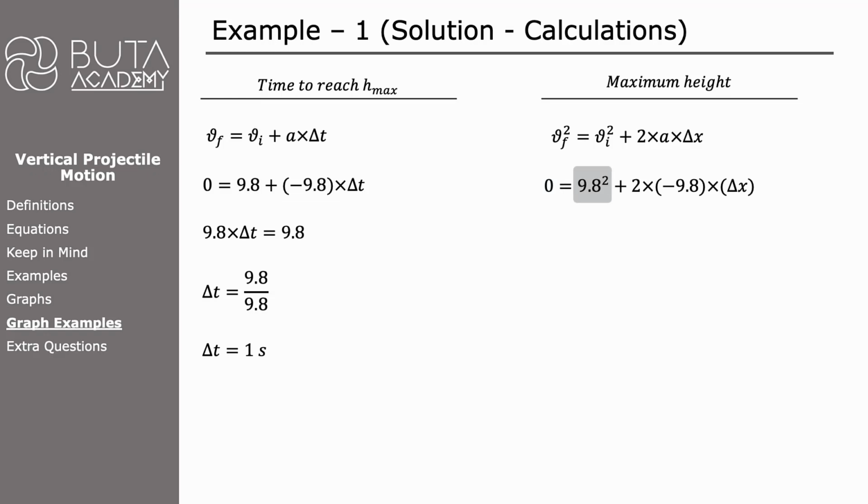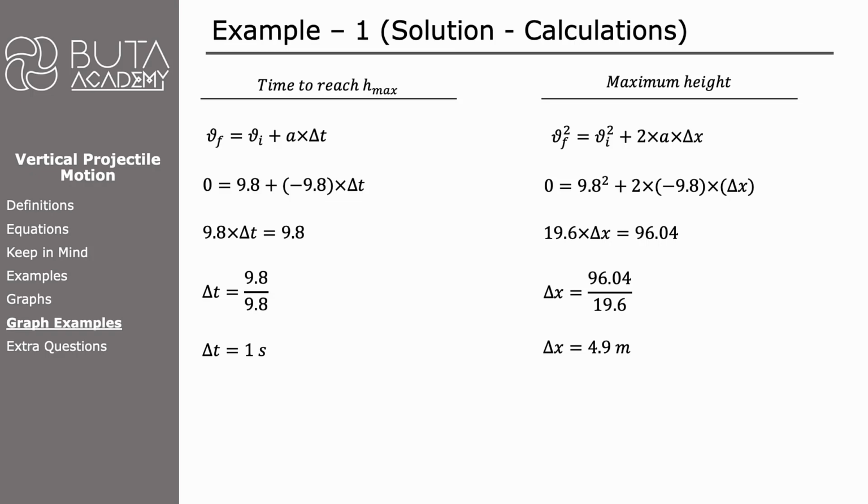The initial velocity is 9.8 meters per second and the gravitational acceleration is minus 9.8 meters per second square. 2 times minus 9.8 times delta x can be moved to the left side of the equation as 19.6 times delta x. The square of 9.8 is equal to 96.04. The displacement can be calculated as 96.04 over 19.6, which is equal to 4.9 meters.